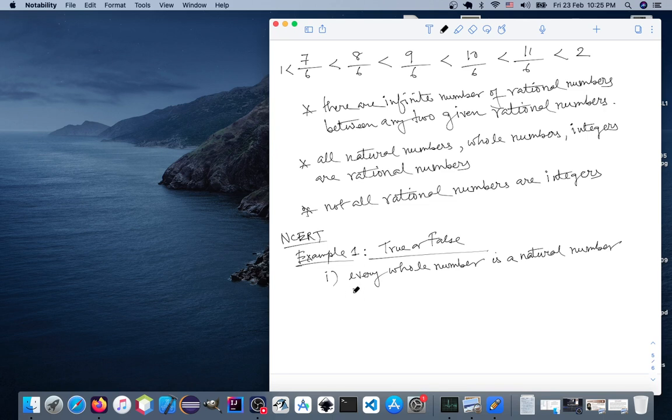So, this is false. Reason: 0 is a whole number but not a natural number.